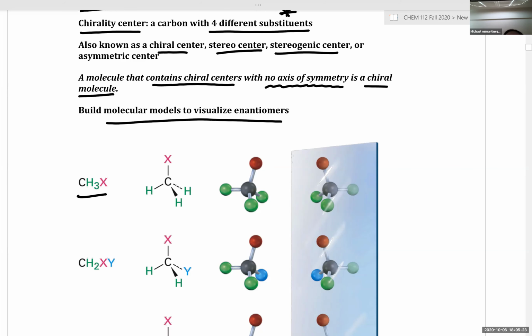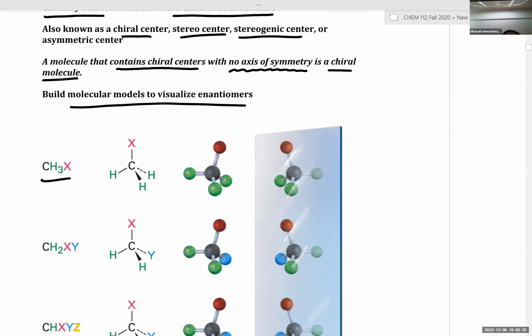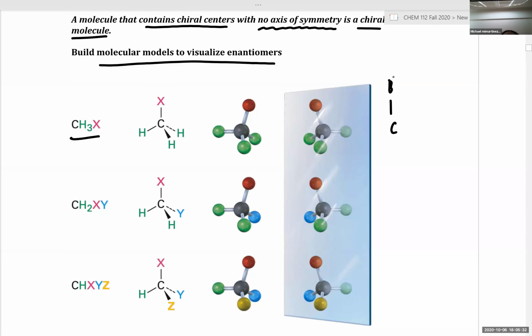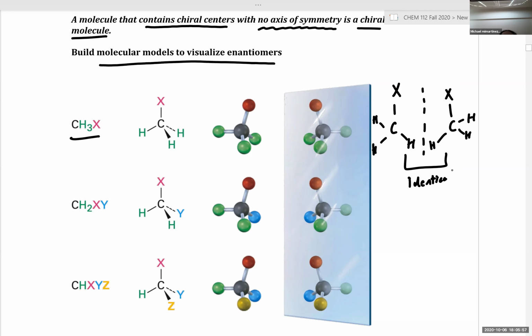So in this case, if we were to draw out our structure and its proposed enantiomer, we notice immediately that these two structures, even though they were suggestively drawn as if they were mirror images, are representing the same molecule. These two structures are identical.